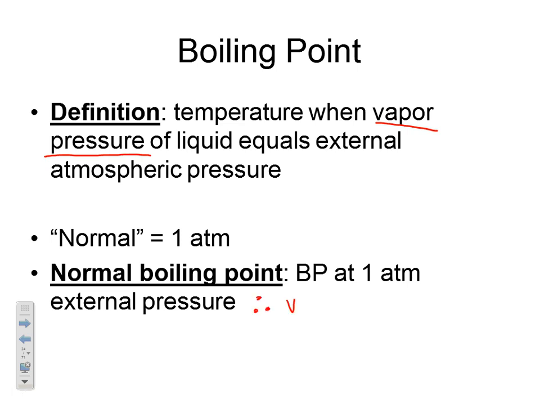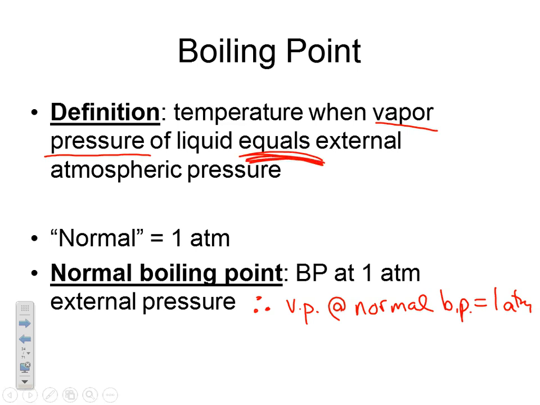Therefore, the vapor pressure at your normal boiling point is also 1 atmosphere, because the definition of boiling point is when vapor pressure equals external pressure. So when we refer to normal boiling point, we mean the boiling point at 1 atmosphere. And the normal boiling point of water is 100 degrees Celsius. We know that. That's the temperature at which water has a vapor pressure of 1 atmosphere.